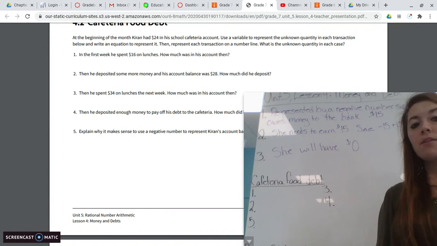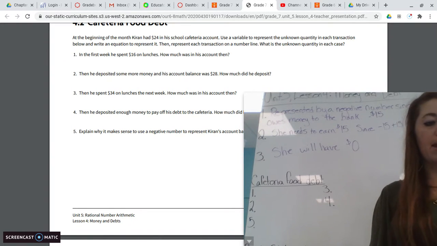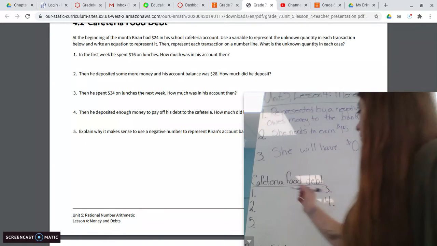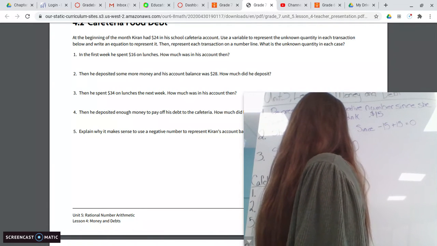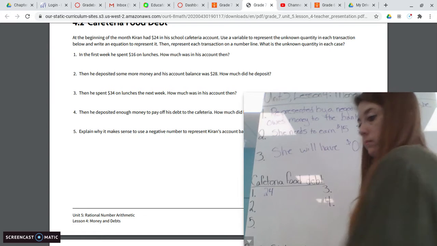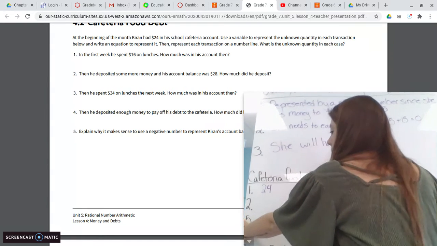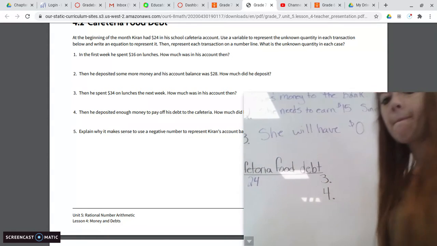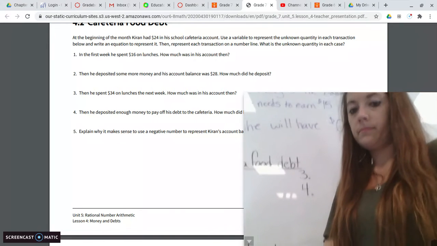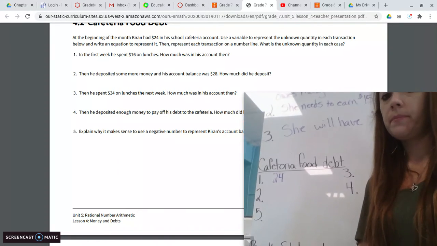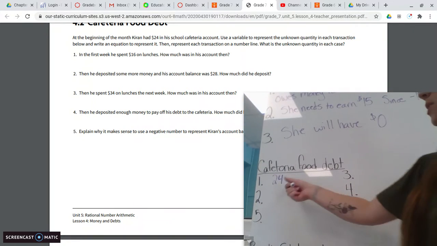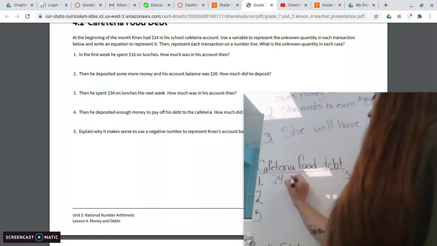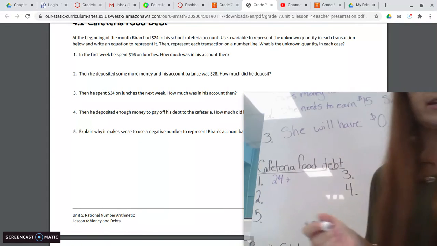So for number 1, in the first week, he spent $16 on lunches. How much was in his account then? So we know he started out with the $24. We're adding what to it?